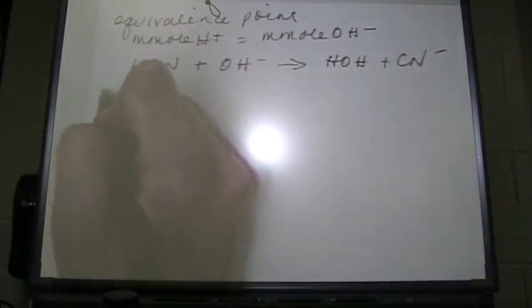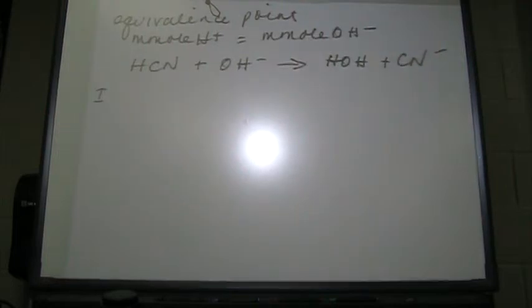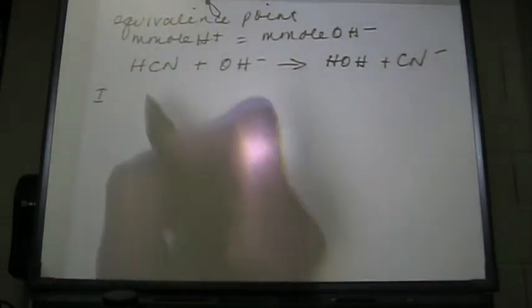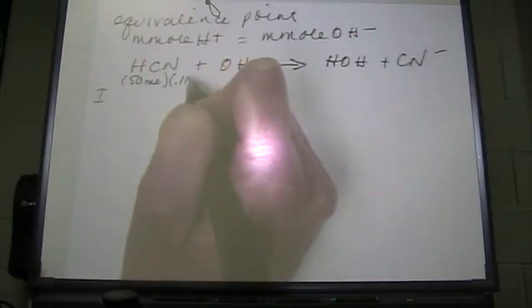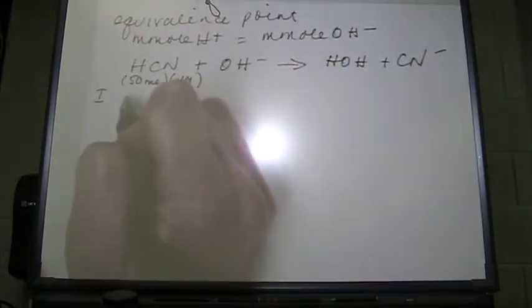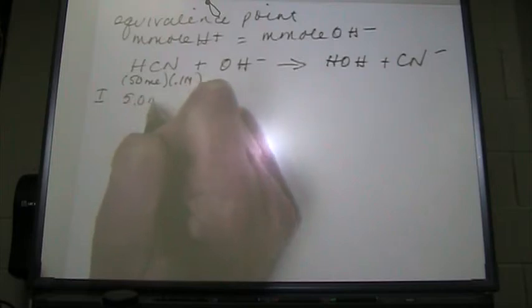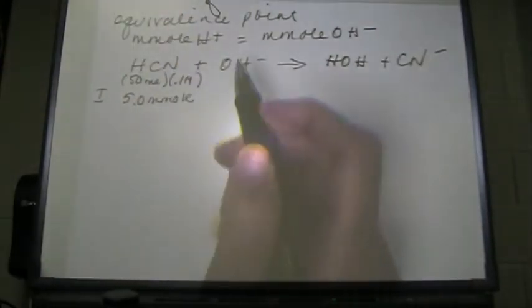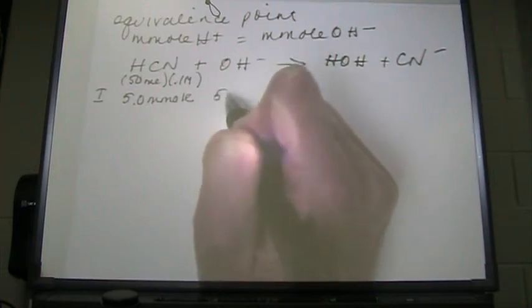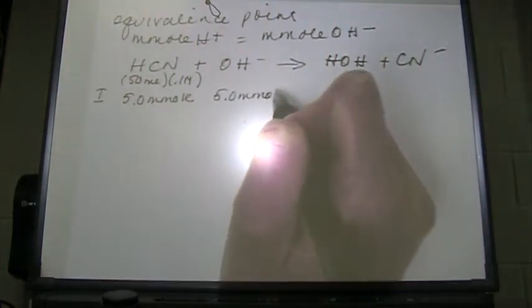Initially we started out in our problem with 50 mLs of 0.1 molar, which gives you 5 millimoles of the acid. At the equivalence point, we know we must have 5 millimoles of the strong base.